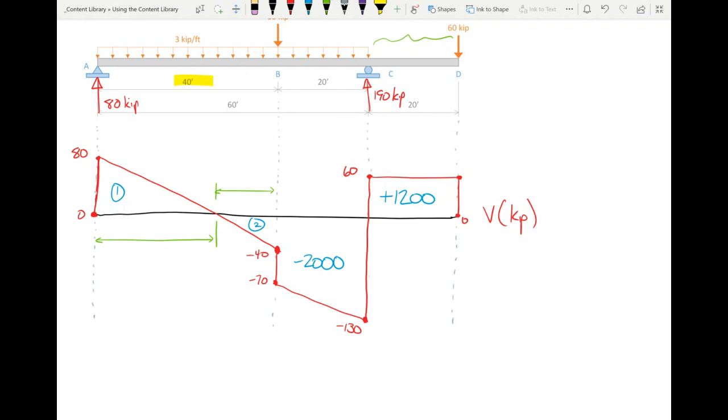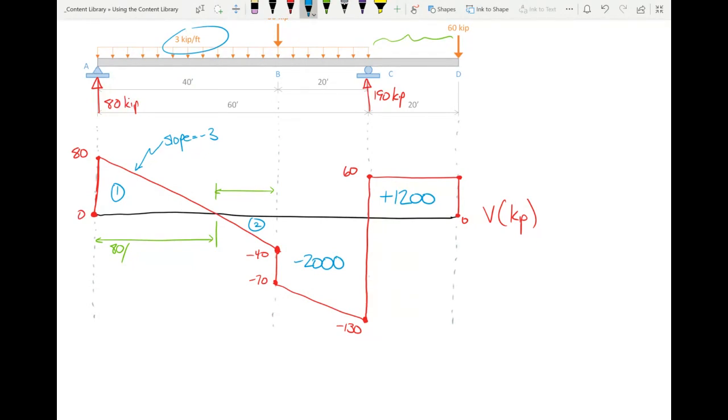Now, what we're going to do is it's really simple. We just take 80 and we divide it by something. What are we going to divide it by? We're going to divide it by the slope of that line. What is the slope of that line? It's -3. And you want to know where you get that slope?